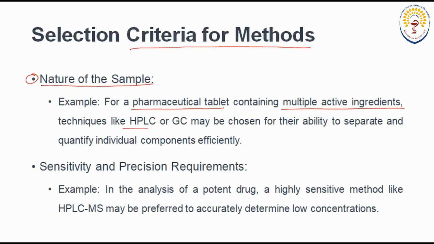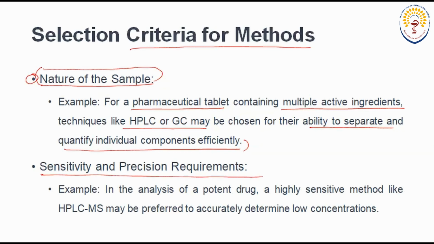So you can use HPLC or GC. It will separate these two components and also tell the relative amount of these components. So that depends. The nature of the sample will tell us what kind of chromatography, or what kind of quantitative procedure, we are choosing.